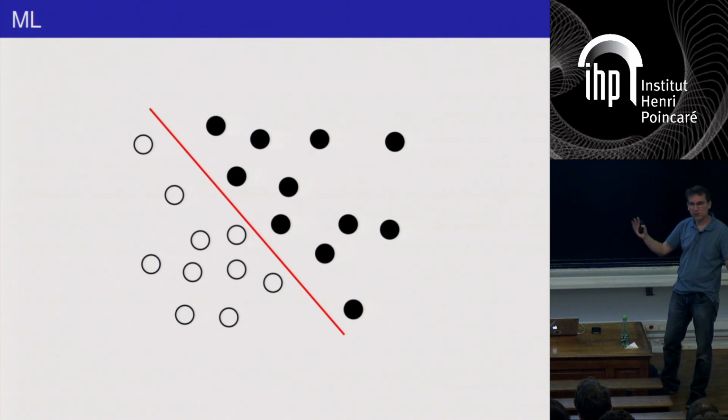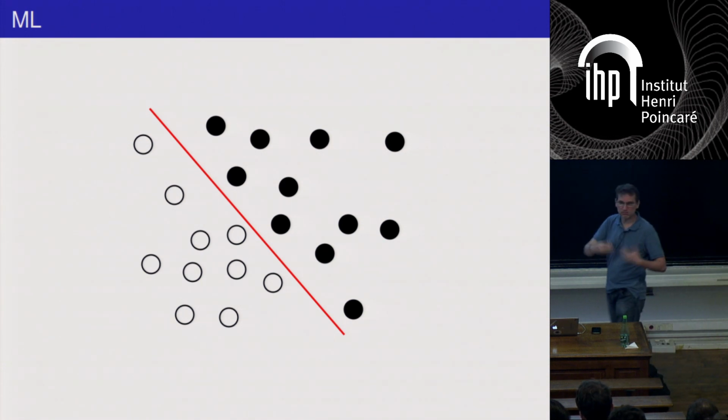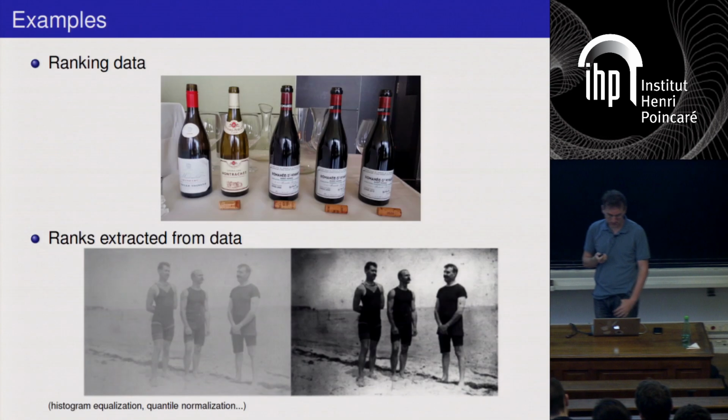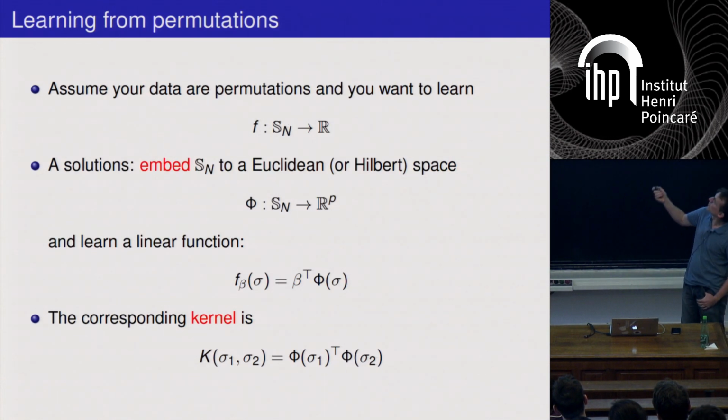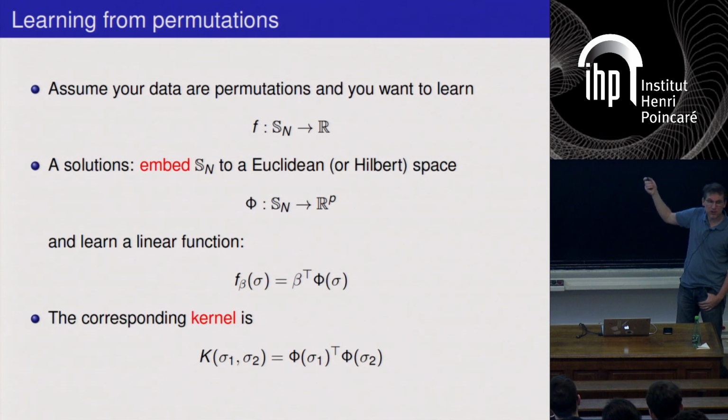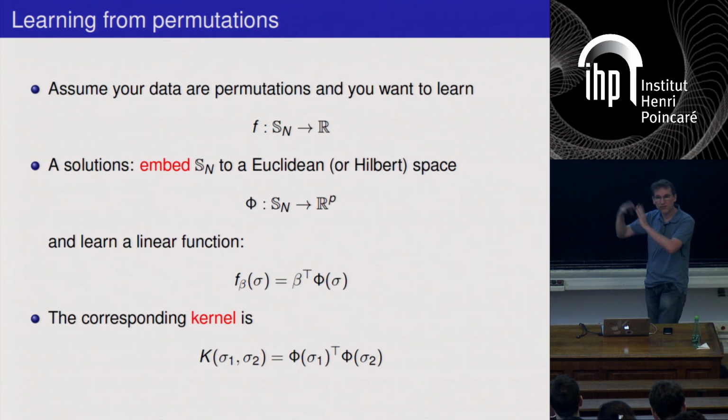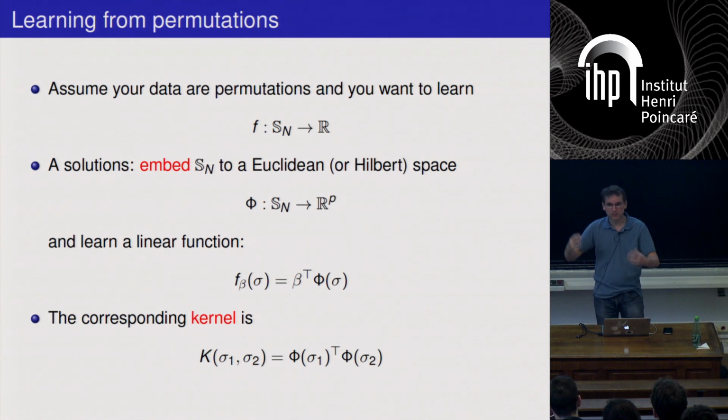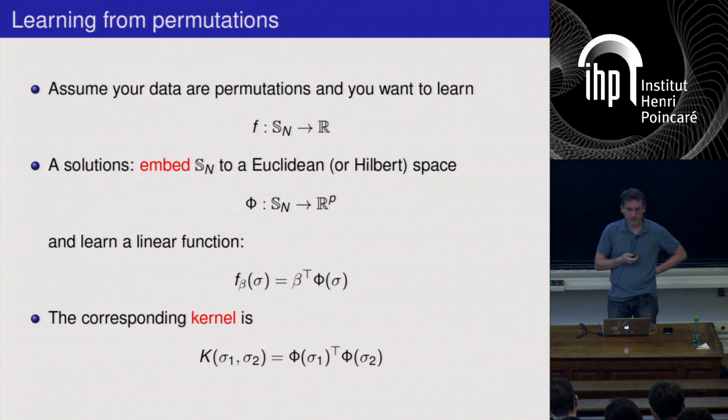But the general setting will be, we have points and we want to define a real valued function. This is what machine learning does in general. And so again, we want to define a real valued function that will be an inner product after embedding our data in some feature space. And so if you have that, you can do regression, classification, PCA, whatever. You can do lots of things.